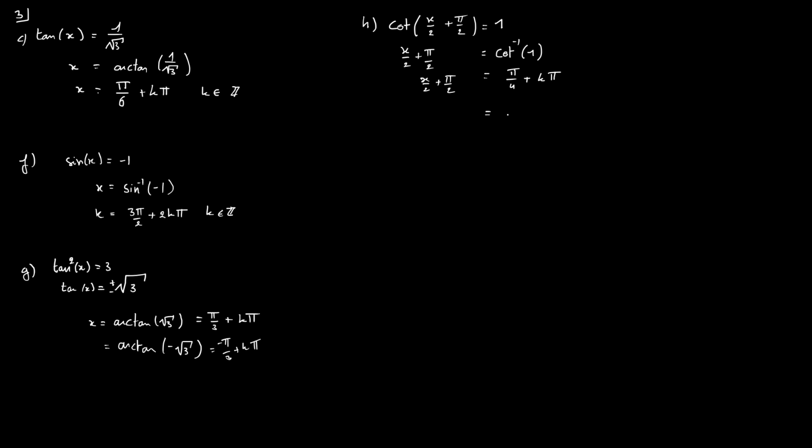First we move pi over 2 to the other side, so we find minus pi over 2, minus pi over 4 plus k pi is equal to x over 2. Let's bring the 2 to the other side. We find x is equal to minus pi over 2 plus 2k pi. And don't forget that if you multiply this, also this part is going to be affected.